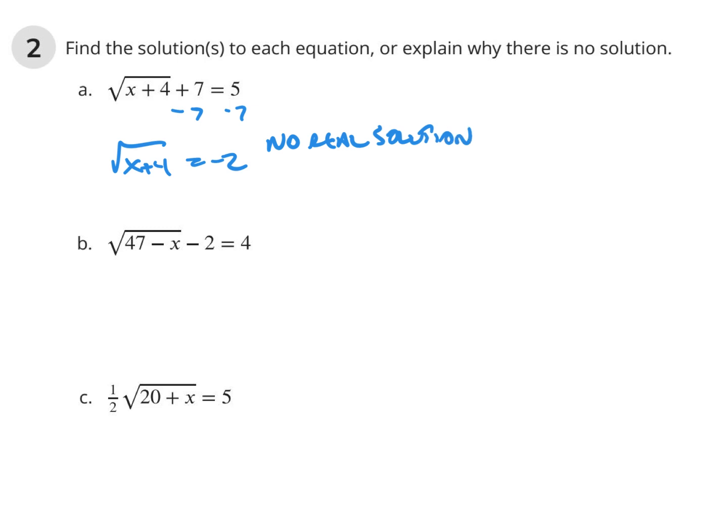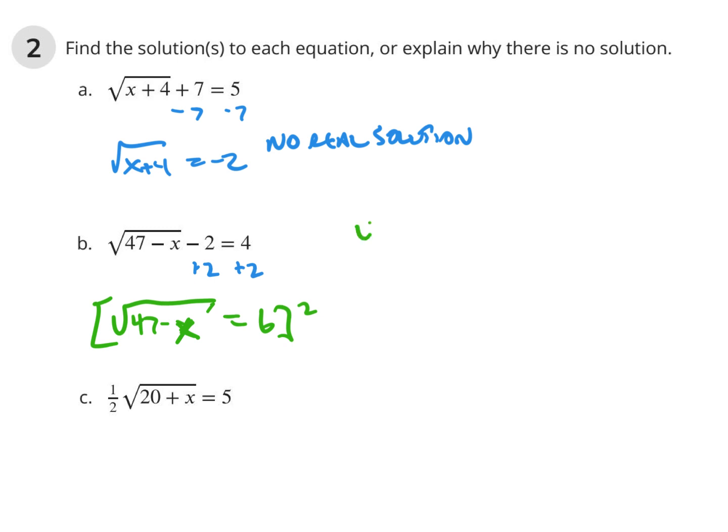Okay, the -2 is not part of the group, just like above. So we add 2 to both sides. We get the square root of 47 minus x is equal to 6. We're going to square both sides, because the x is under a radical and it's 47 minus x, part of a group, so you've got to get rid of everything.